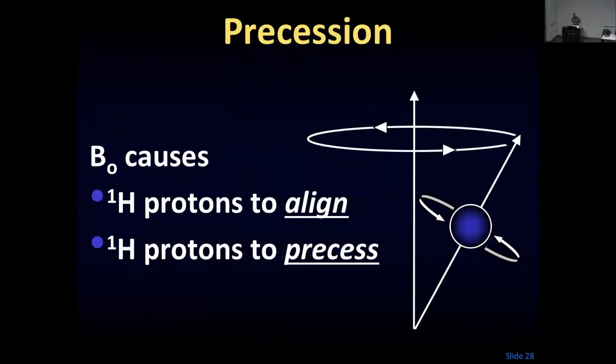So the external magnetic field causes the protons to align either with or against, and it also causes the magnetic dipole moments associated with those protons to precess. So here I am illustrating spin here and precession here. So the protons have spin. The spin induces a magnetic dipole moment. The magnetic dipole moment precesses.